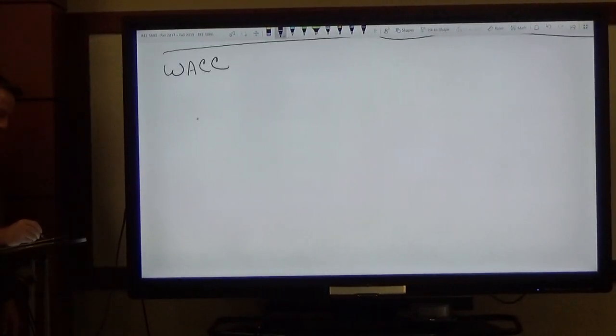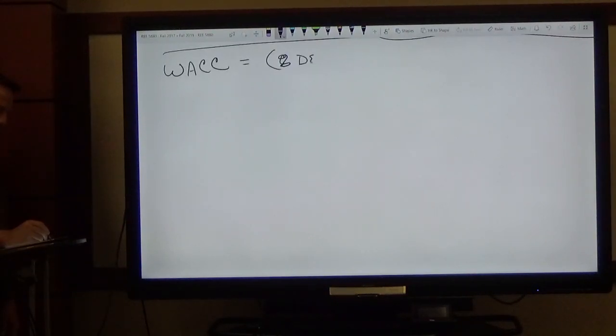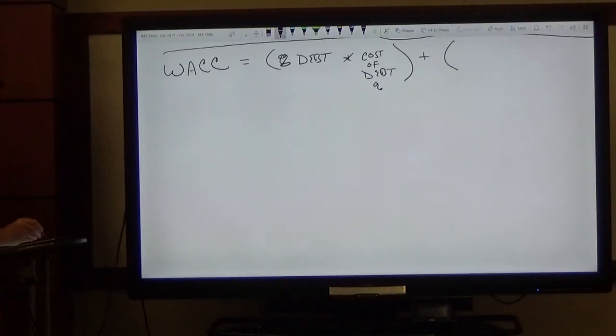We can sort of say that the weighted average cost of capital is equal to our percent debt times our cost of debt as a percent, plus our percent equity times our return on equity as a percent. At its fundamental basis, that's the weighted average cost of capital.